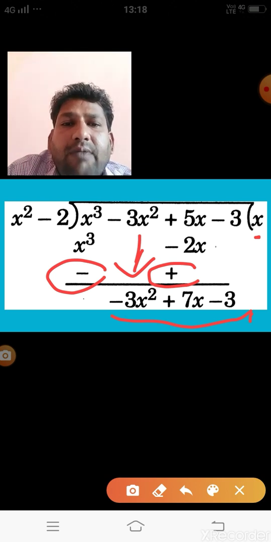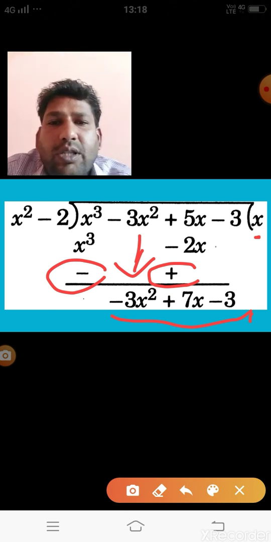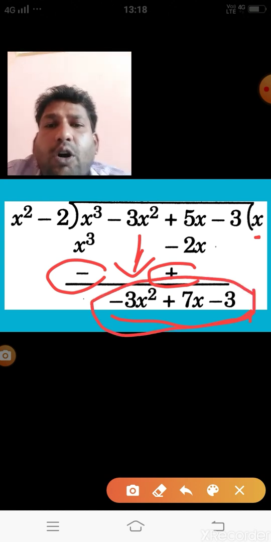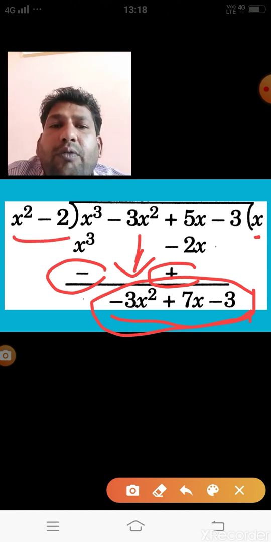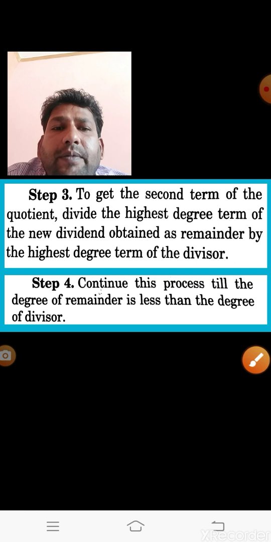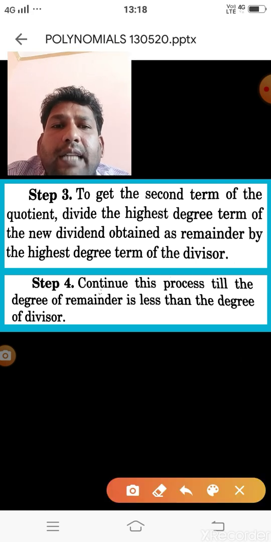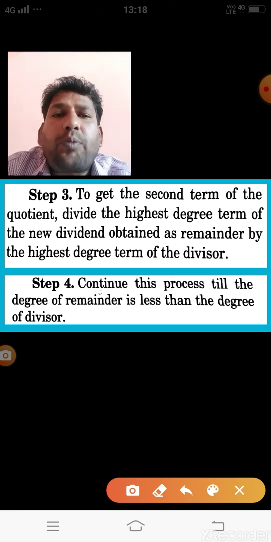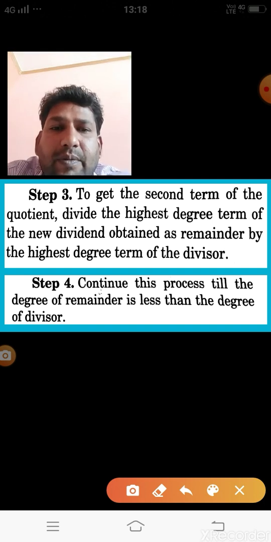Then after this step we get the second quotient, because we observe that the degree of the remainder is not less than the degree of the divisor. In the third step, to get the second term of the quotient, divide the highest degree term of the new dividend obtained as remainder by the highest degree term of the divisor.